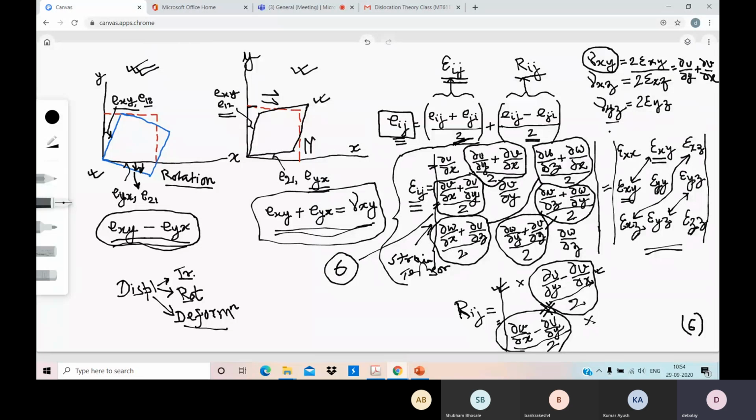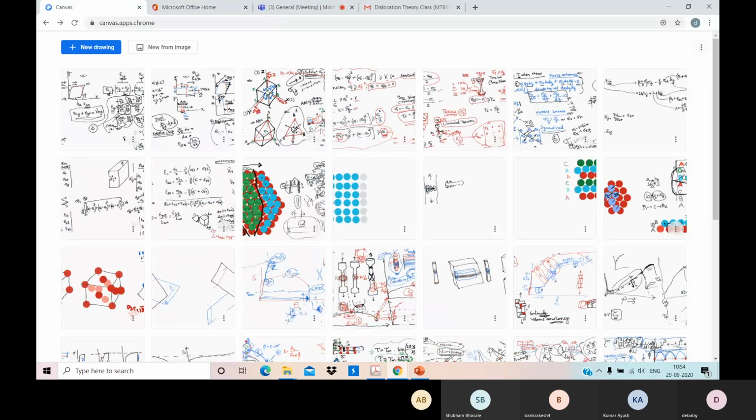Gamma yz is del v del z plus del w del y. So this is how shear strains are represented. Shear strains are represented by the term gamma, and normal strain are represented by, as usual, epsilon xx. What is epsilon xx? Del u del x. Epsilon yy del v del y. Epsilon zz del w del z. Very nice.